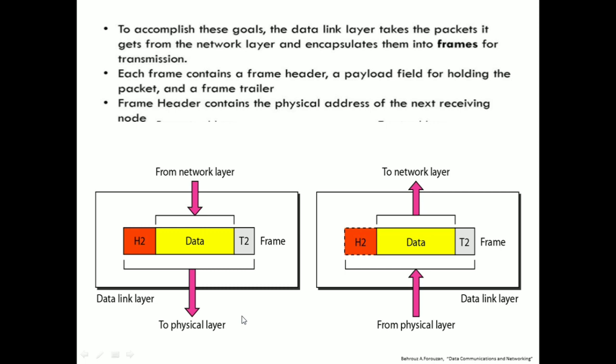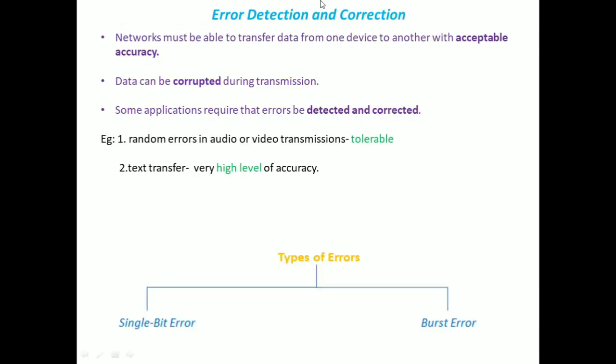Now we shall discuss one of the main functionalities of the data link layer, error detection and correction. Networks must be able to transfer data from one device to another with acceptable accuracy. If there is no acceptable accuracy, the receiving system cannot process the data correctly, right?